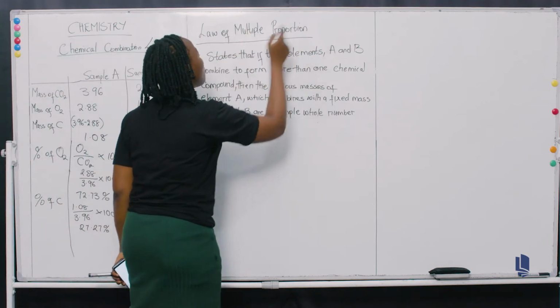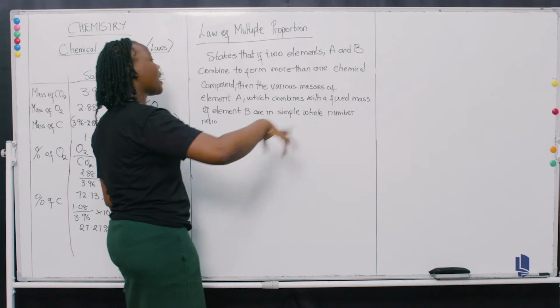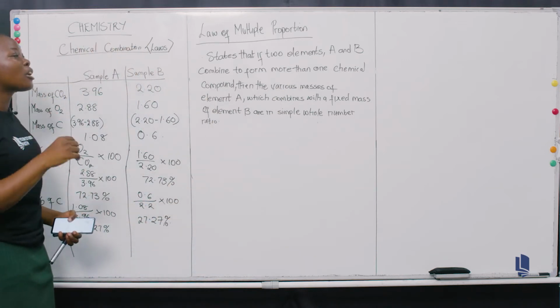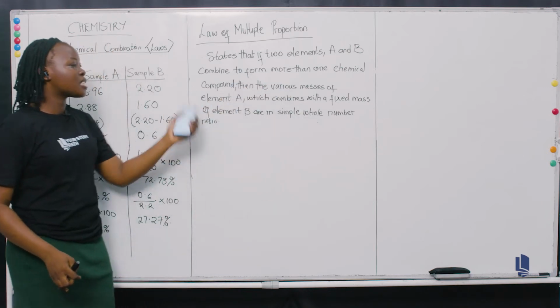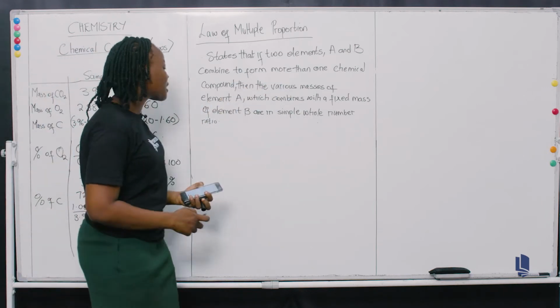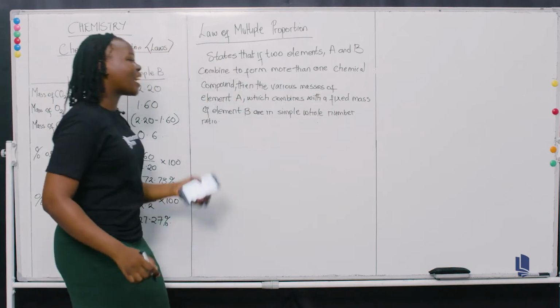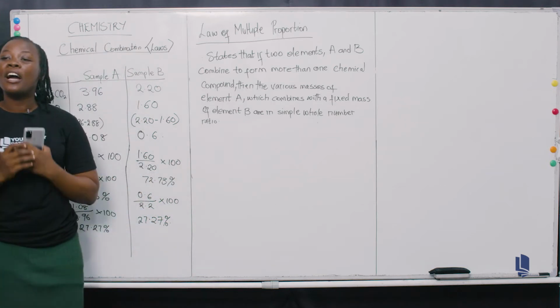Law of multiple proportion states that if two elements A and B combine to form more than one chemical compound, then the various masses of element A, which combine with a fixed mass of element B, are in simple whole number ratio.